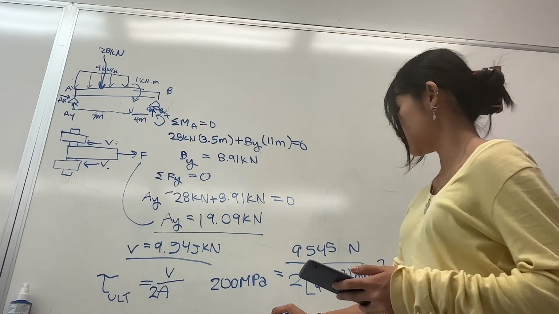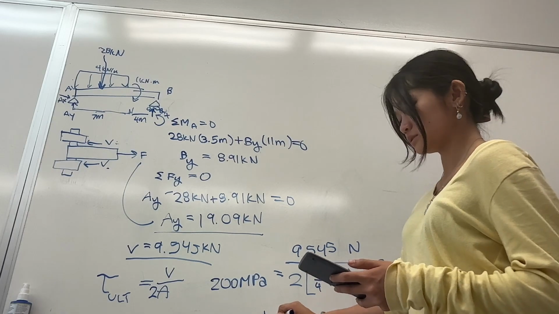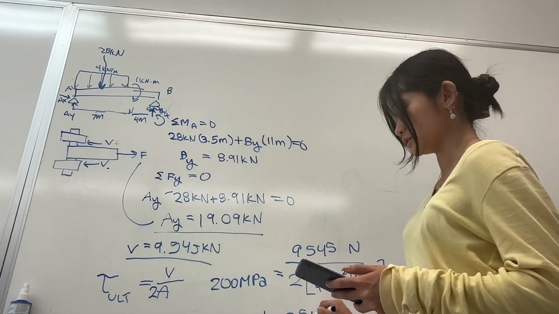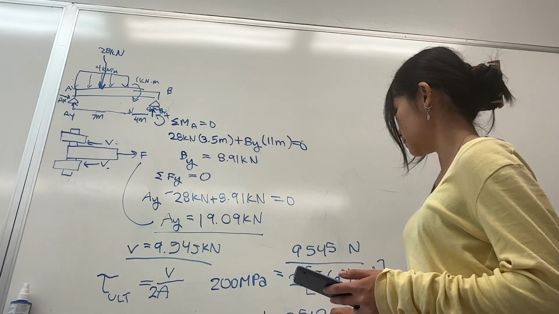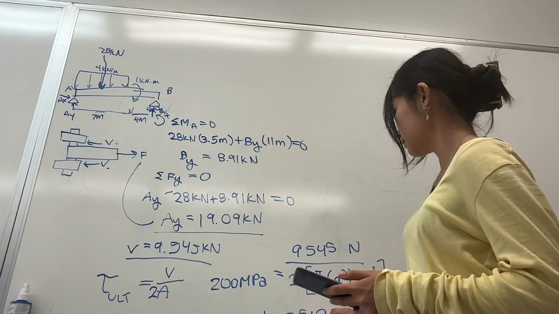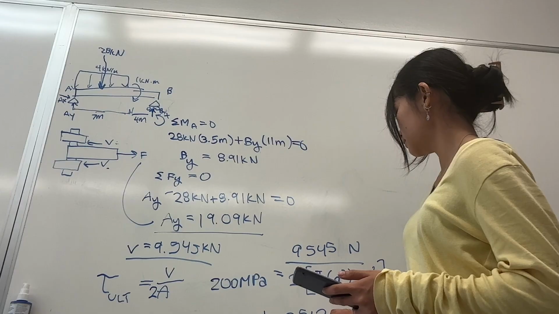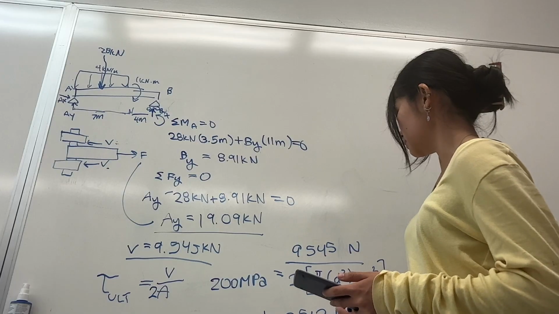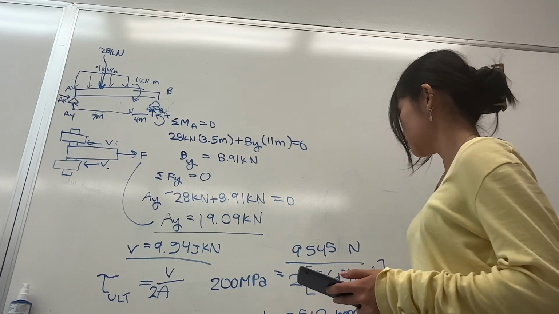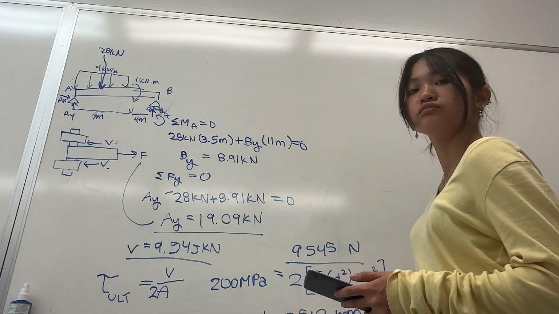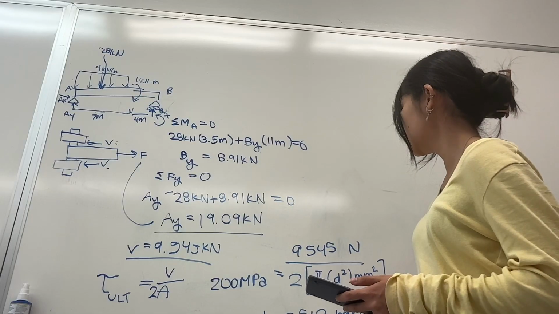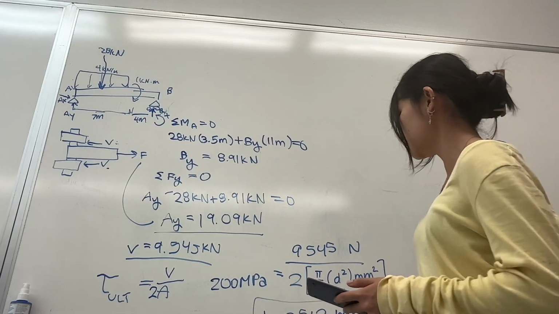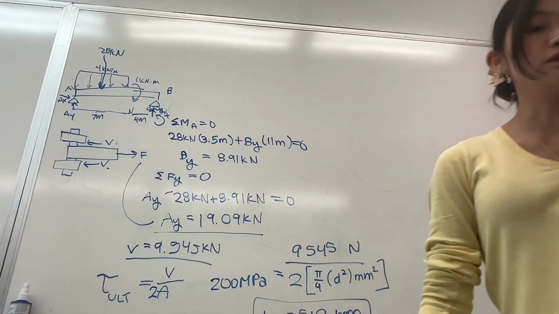And with that, I get D is equal to 5.512 millimeters. And yeah, I think that's what it is.